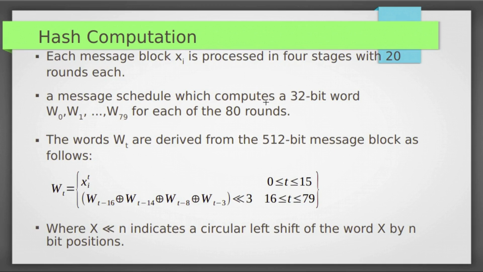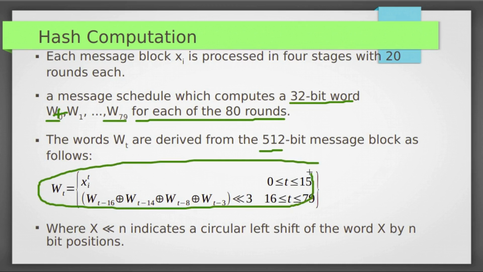Message schedule, which takes 512-bit block and computes 32-bit words from W0 to W79 for each of the 80 rounds. The words here, call it as T. The words WT are derived from 512-bit message block by using this formula.